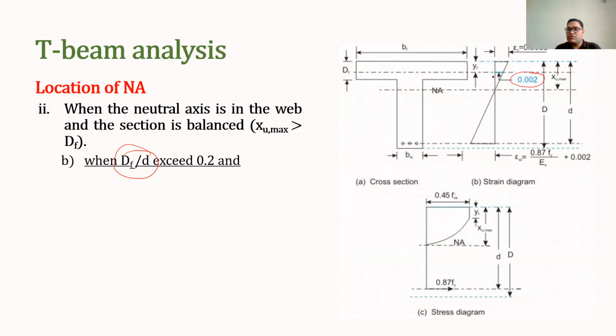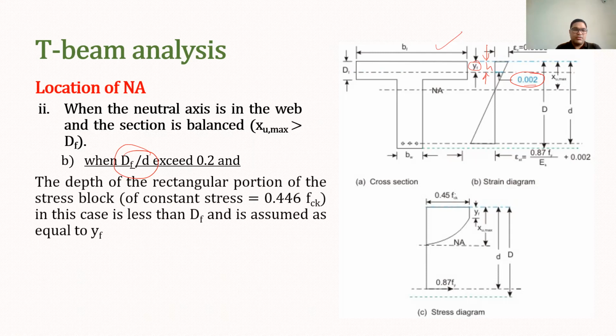So this is how we can show that. And because of that, this depth, which we were calling H, this time we will be using the term YF, which will be equal to H in this scenario when the 0.002 element lies within the flange.